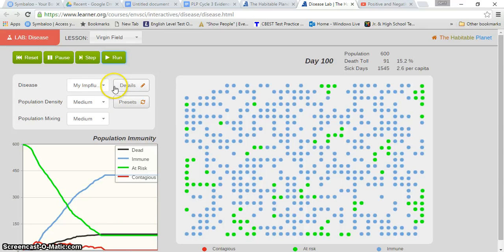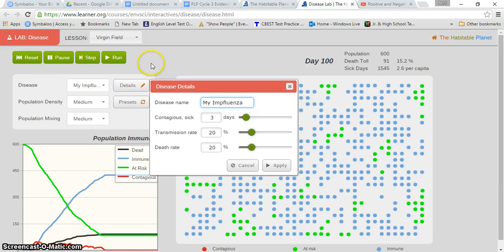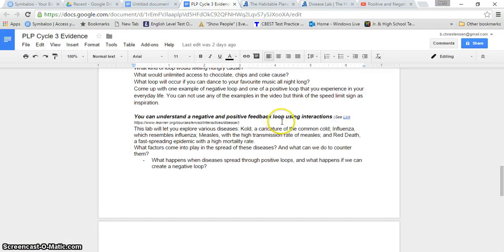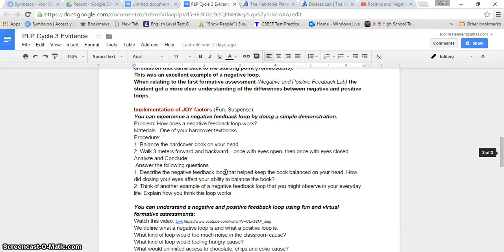You could change some of the factors up here and some of the details over here to make different kinds of loops, and again discuss what kind of loops they are, positive or negative. You can even make a competition and let the students compete about who can make the steepest positive loop, or who can make the most negative loops.